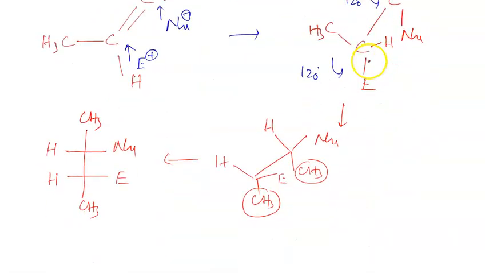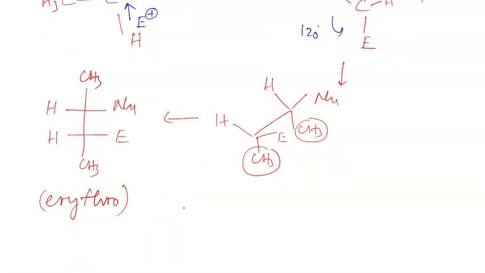In this way, even if we forget, we can do the addition, because students generally get confused whether we will get threo or erythro. Simply by following this, we can arrive at the required answer: a cis alkene on syn addition will give erythro.